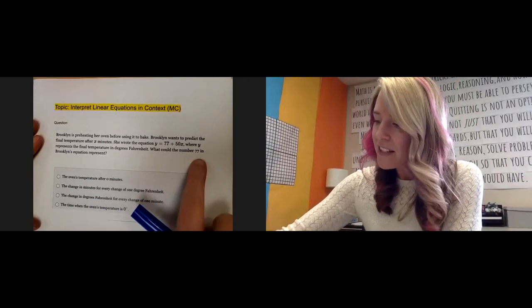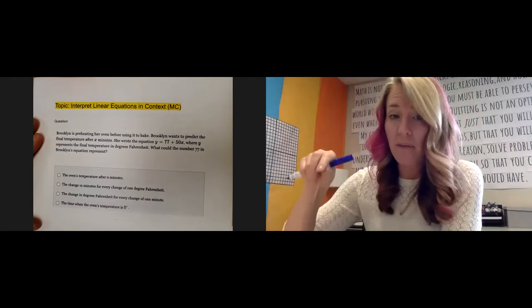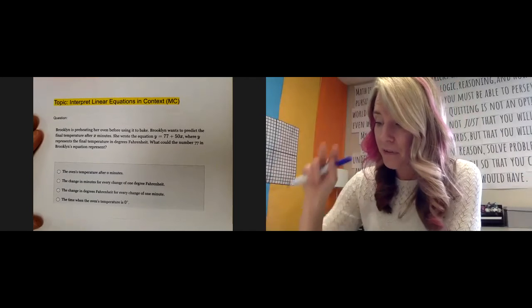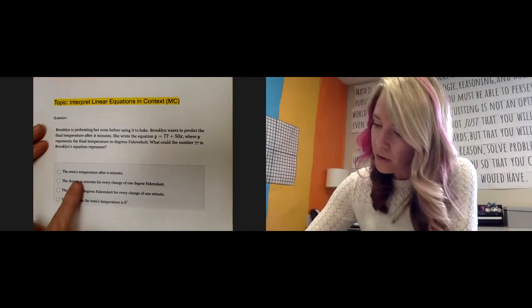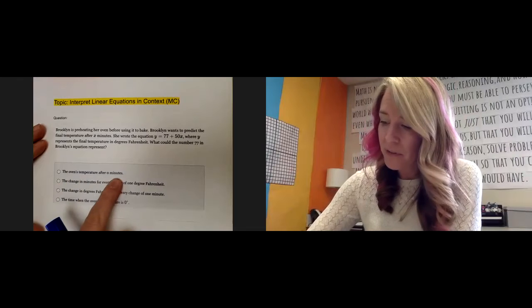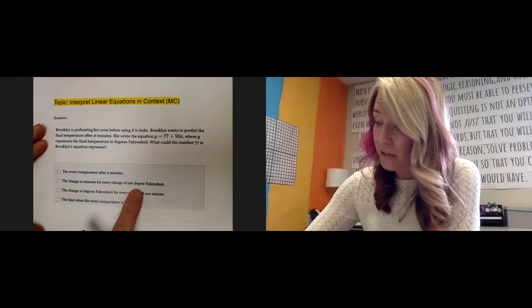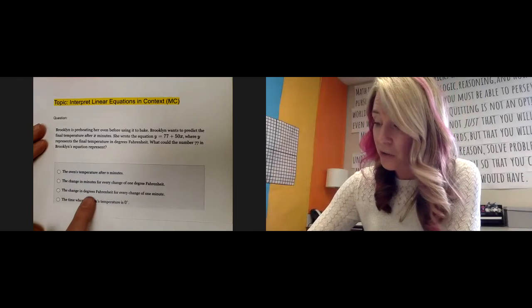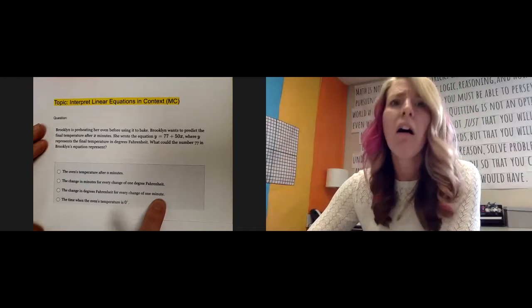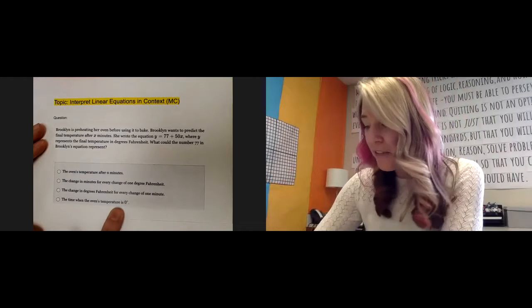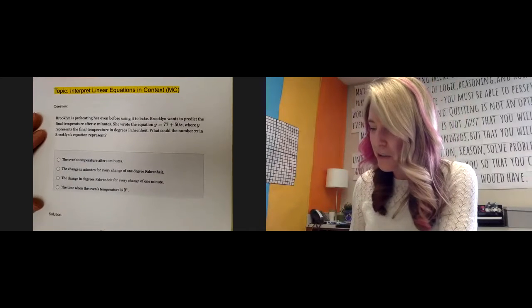So 77 is the starting point of her oven's temperature, in degrees. The choices say: the oven temperature after 0 minutes, the change in minutes for every change of 1 degree, the change in degrees Fahrenheit for every change of 1 minute. Lots of words. The time when the oven's temperature is 0 degrees, okay?